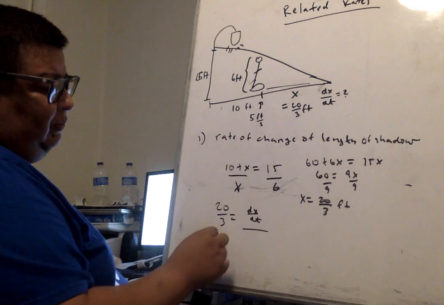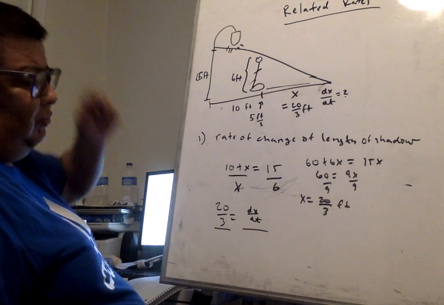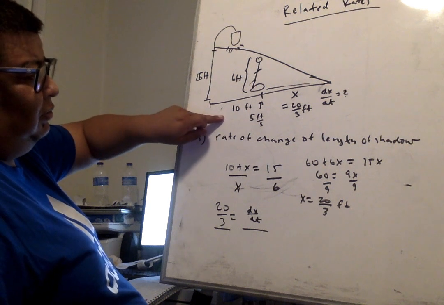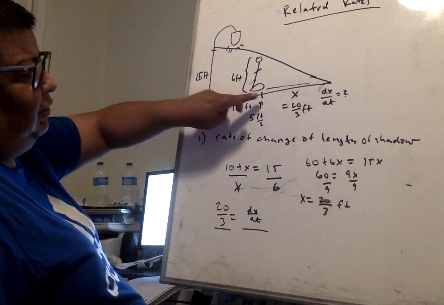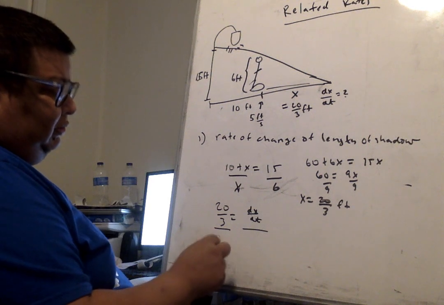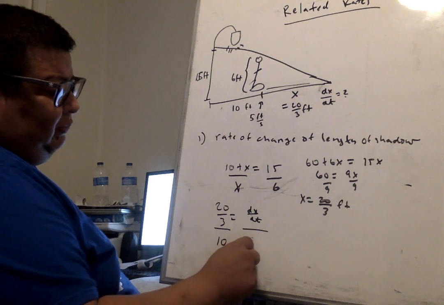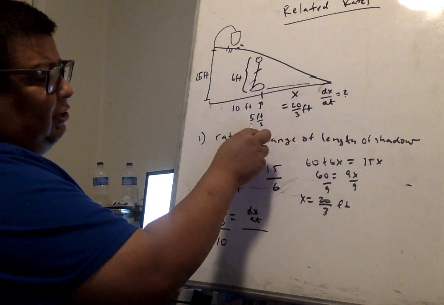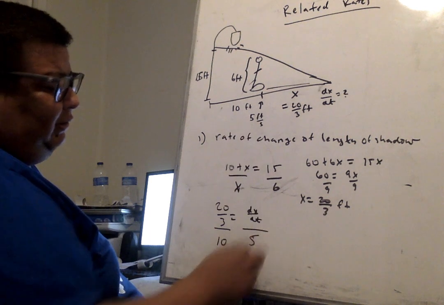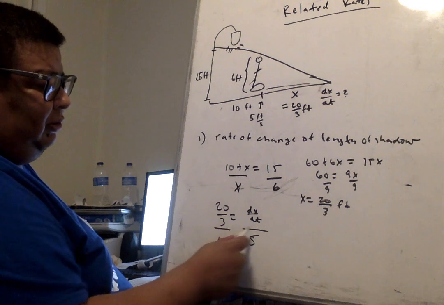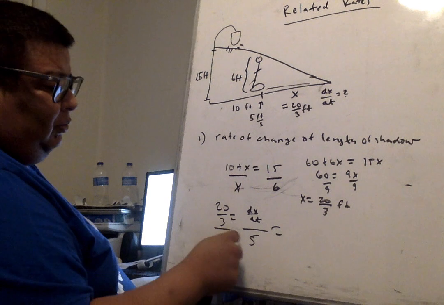And then I'm going to do similar here. The rate of change from here to the 10 feet is going to be 10, and the rate of change given is 5, so I'm going to put 5 here. So all we need to do right now is solve for dx/dt, by cross multiplication.